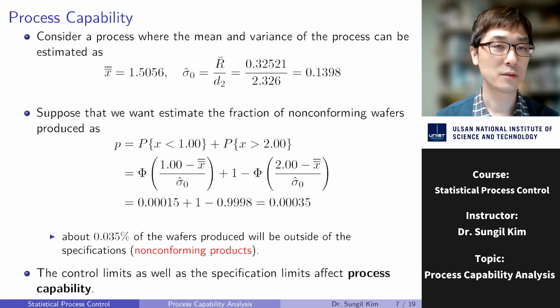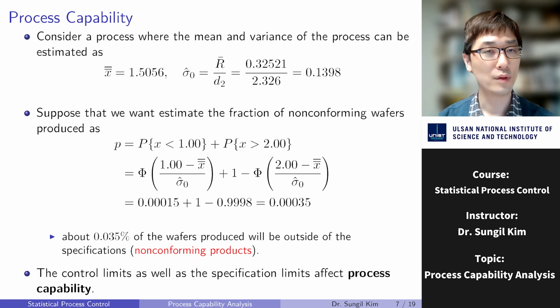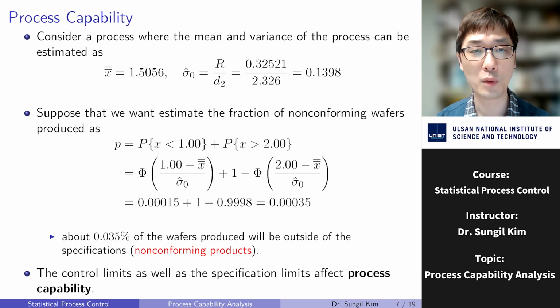Consider a process where the mean and variance of the process can be estimated. And we want to estimate the fraction of non-conforming wafers produced. Then we can compute P to be 0.00035, which means about 0.035% of the wafers produced will be outside of the specifications.